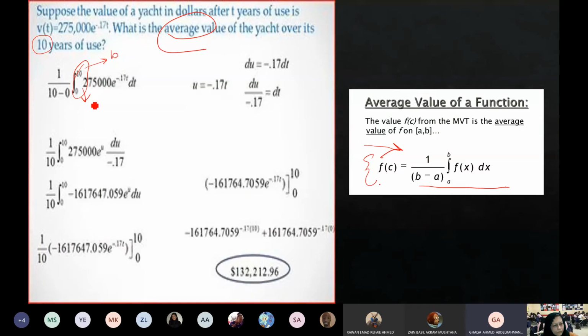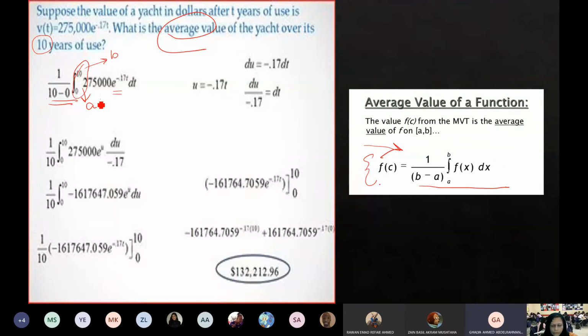So e raised to 0 equal to $275,000, and now we have the a, which is 0. So now we replace: 1 over 10 minus 0, where 10 is the 10 years and the 0 we get from the substitution method, which is v of 0. The integral from the lower limit 0 to the upper limit 10 of 275,000 e raised to negative 1.7 t dt.